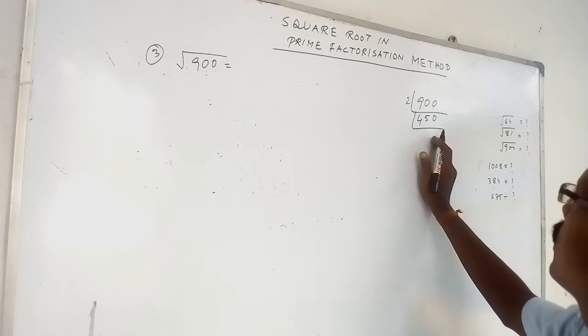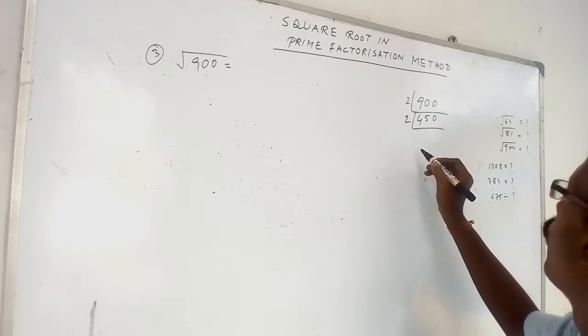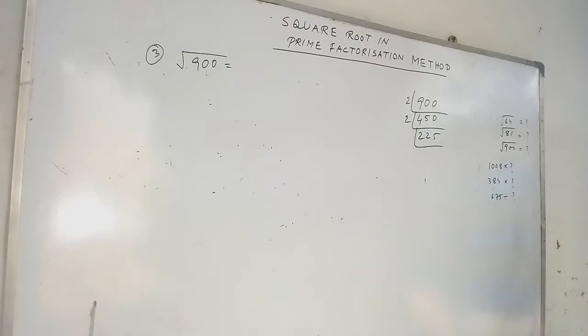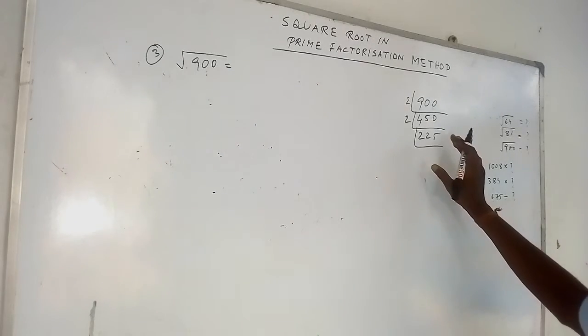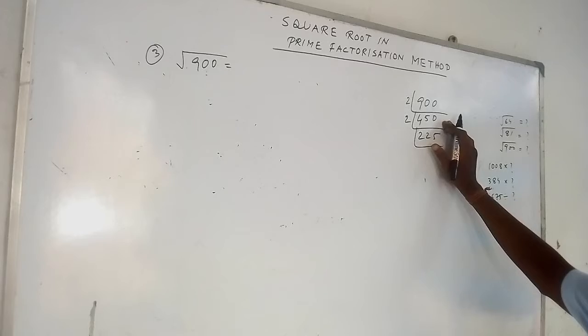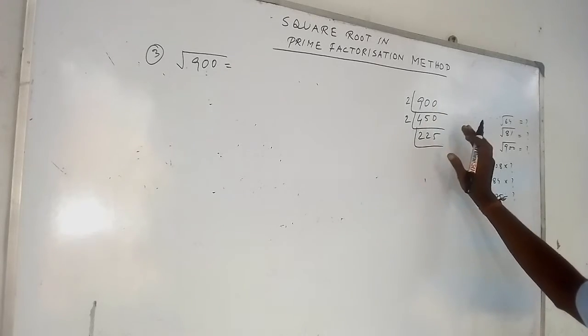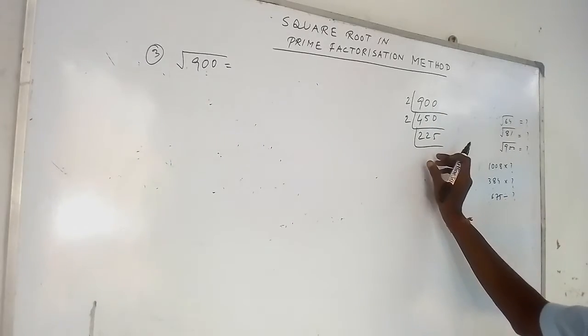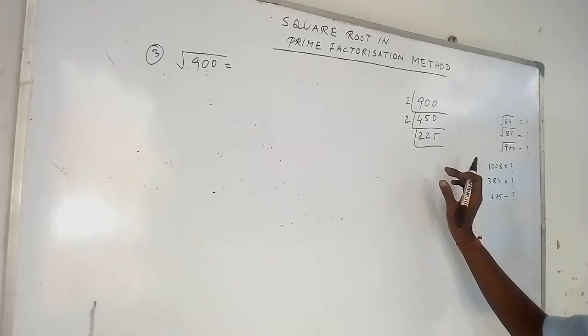Now this is again an even number, therefore divide by 2. 225. 450 is even, 900 is even, 225 is an odd number. So 2, 2 and 225. Now check whether it is divisible by 3 or not.